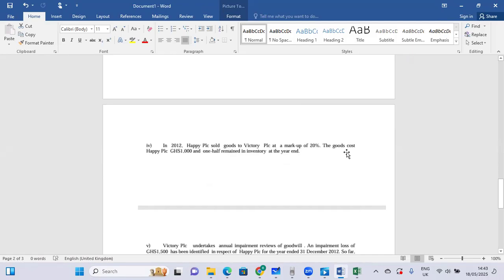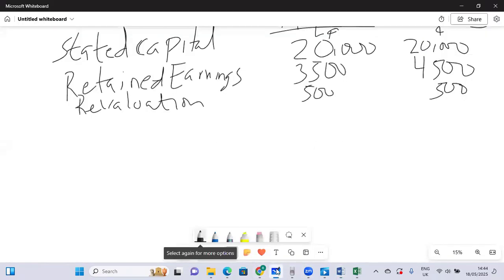The goods cost Happy 1,000 cedis, and half is remaining in what? In the inventory. So since half is remaining in the inventory, we have to take that profit on that half out, because now we are coming together, right?